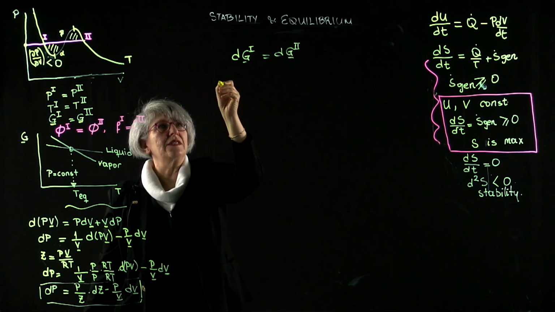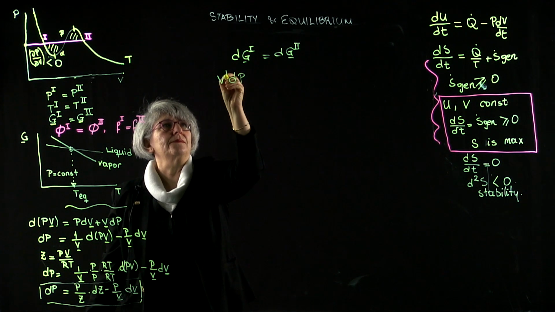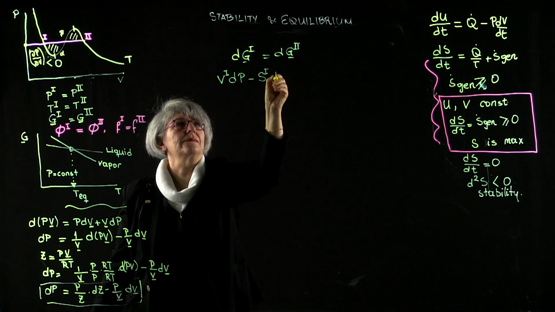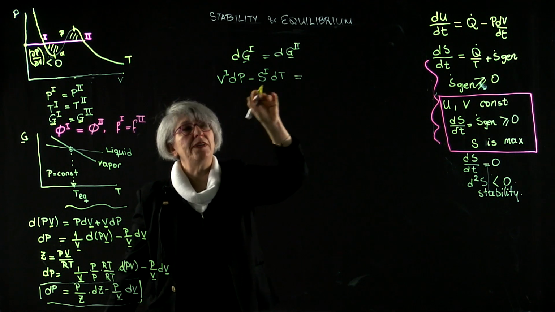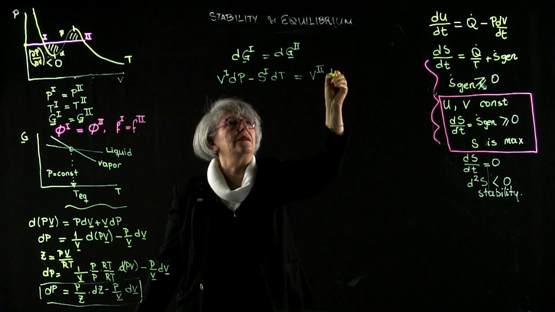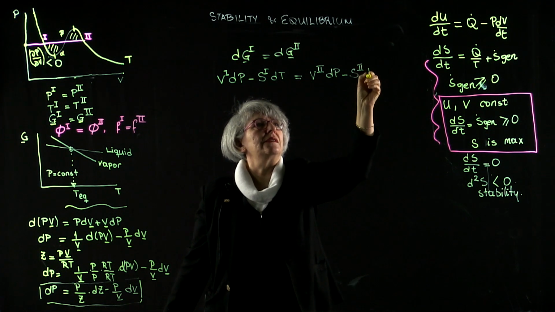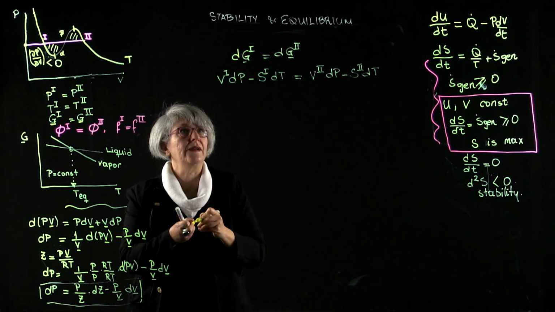So Gibbs free energy is V dP minus S dT on one phase, V dP minus S dT on the other phase. All right?